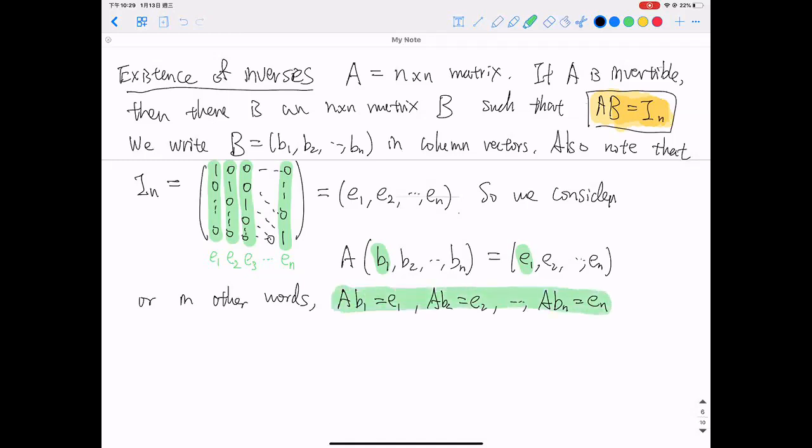If you want to find B1 through Bn, you want to solve all these systems together, and these systems have a common feature: the coefficient matrix is A.